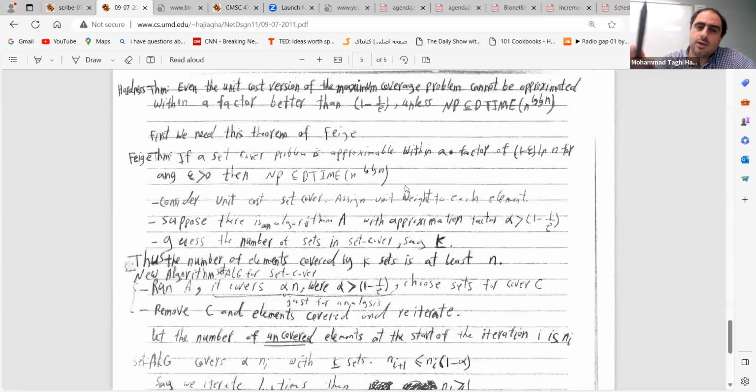So we discussed this theorem. We are using this theorem of Feige, and I think there are some better versions of that. So even in the unit cost version of the maximum coverage, one cannot get the problem better than 1 minus 1 over e unless NP is in deterministic time n to the log n.